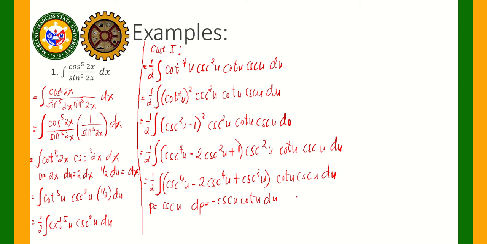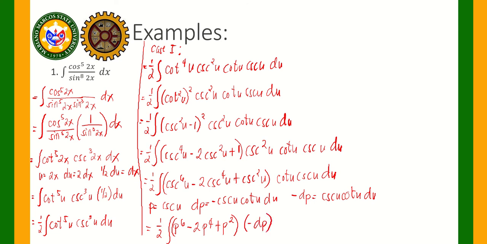Negative dP is equal to cosecant u cotangent u du. So we can use negative dP to substitute this part. So our new equation will be the integral of, cosecant u is P, so this is P raised to 6 minus 2 P raised to 4 plus P raised to 2, and then cotangent u cosecant u du is equal to negative dP.